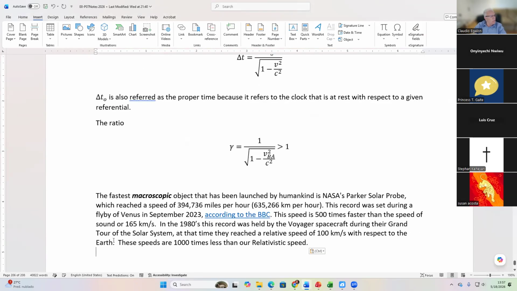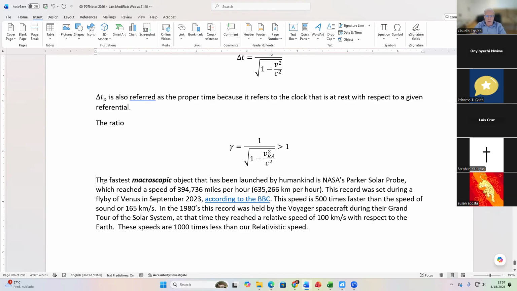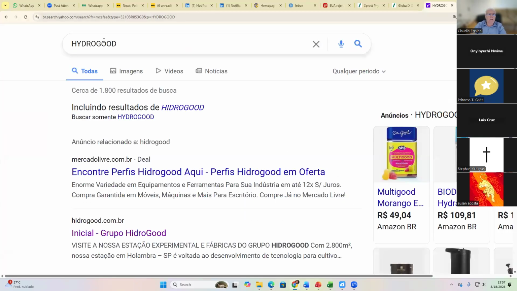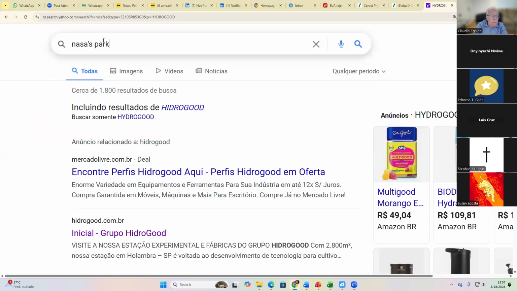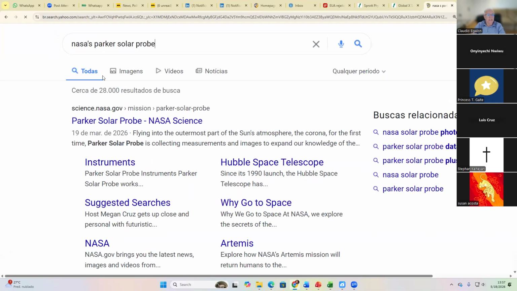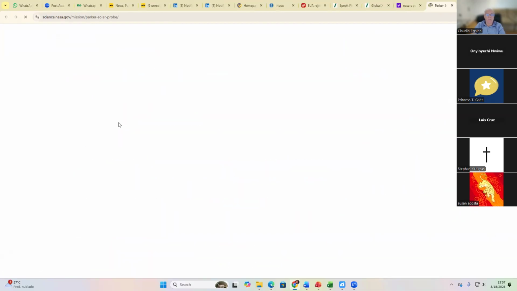The fastest macroscopic object launched by humankind is NASA's Parker Solar Probe. Let's take a look at the NASA Parker Solar Probe. Here we go.